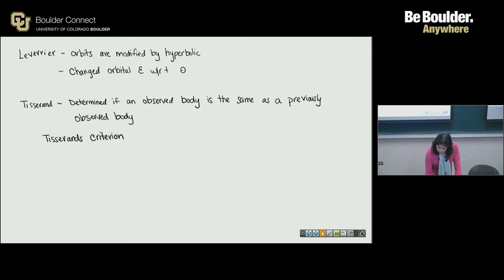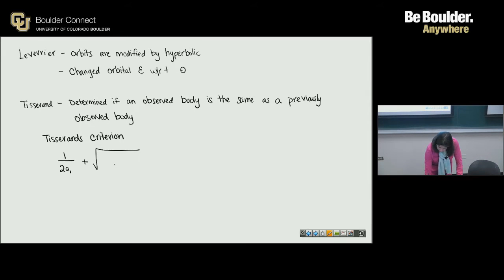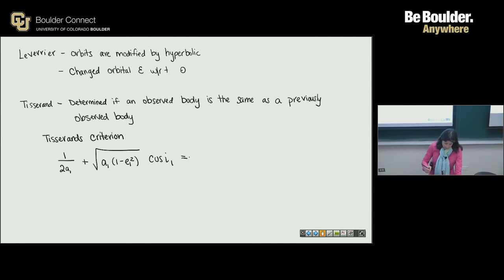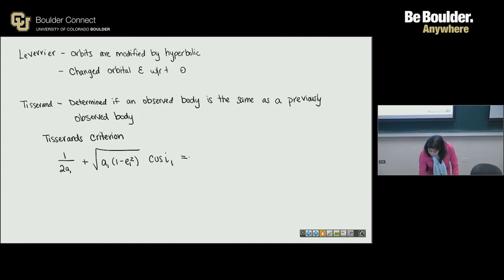So he used the semi-major axis of the first, the eccentricity and the inclination, and he said, if you were to compute this quantity for the first, it should essentially be equal to this same quantity for the second.